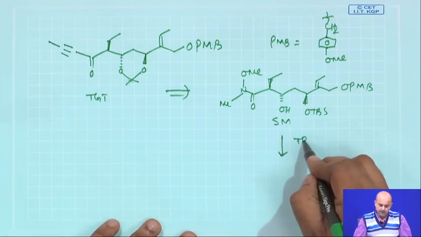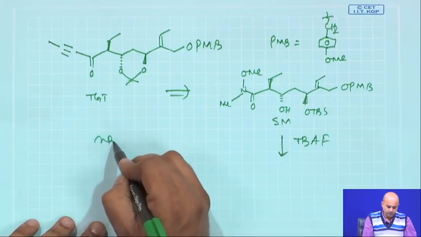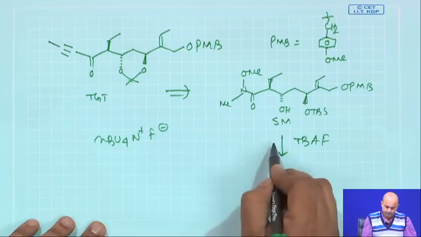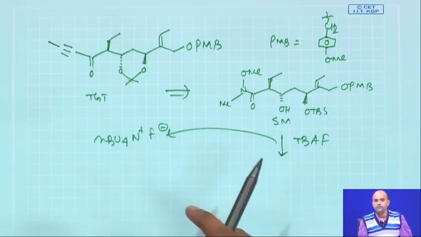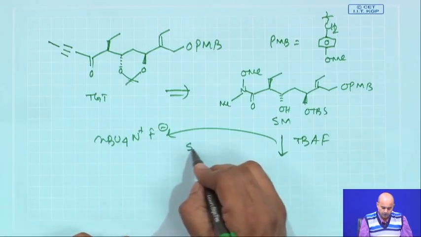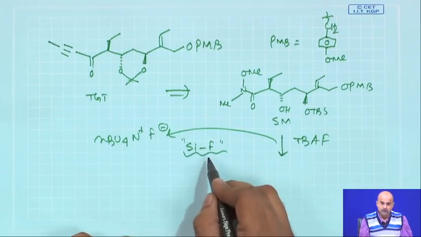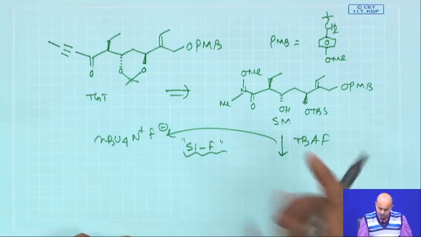The best way the silyl can be removed is with TBAF. It is called tetrabutylammonium fluoride, nBu4N+ F-. The fluoride ion has a tremendous affinity towards silicon. The silicon fluorine bond is very strong. That is the driving force. So normally a fluoride can clip the oxygen silicon bond.